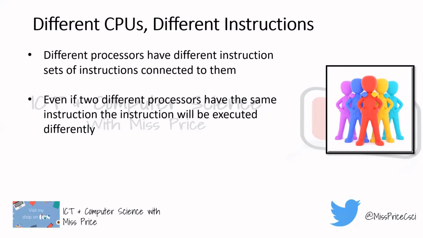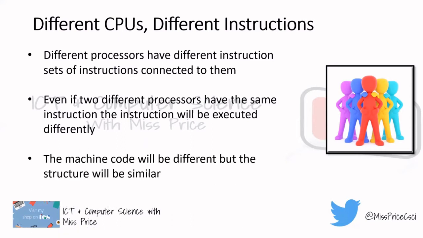It's a bit like, for example, if you're a fan of sports, with footballers, there might be one footballer that's played in a certain position, then this new footballer comes along and plays in that position, and they're effectively playing in the same position, but they do things differently. So the machine code will be different, but the structure will be similar.